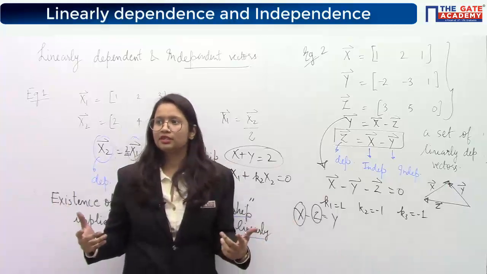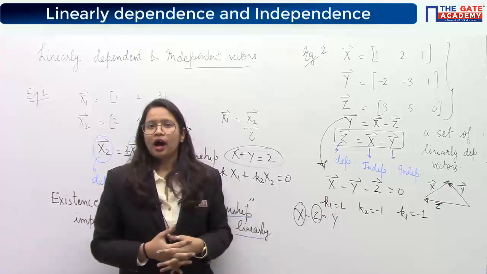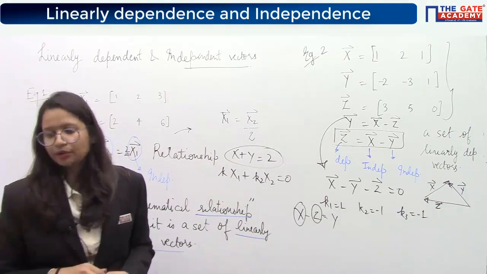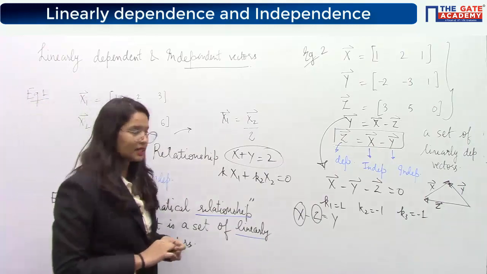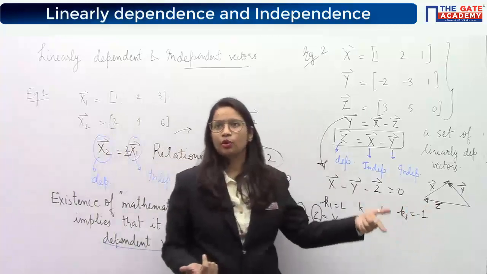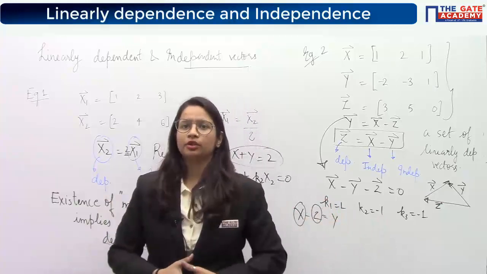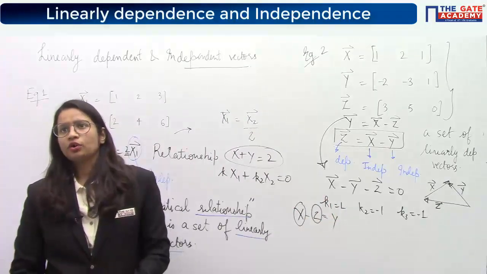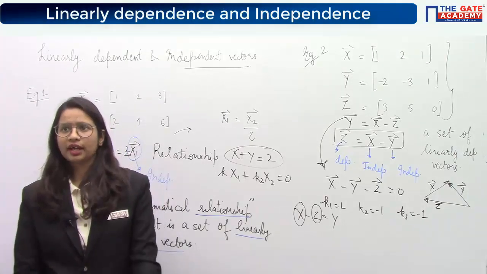No relationship means linearly independent vectors. Are you getting it? So the condition for linearly independent vectors is that if you can't follow this relationship, basically not following the relationship means all these constants will be 0, and that is the condition of linearly independent vectors. Okay, so note it down from the slide.